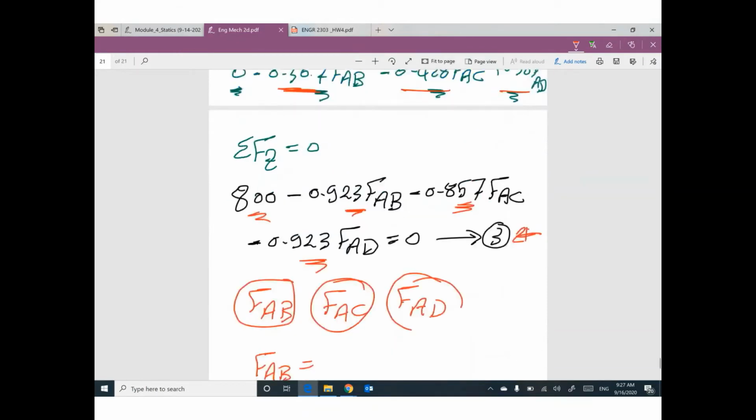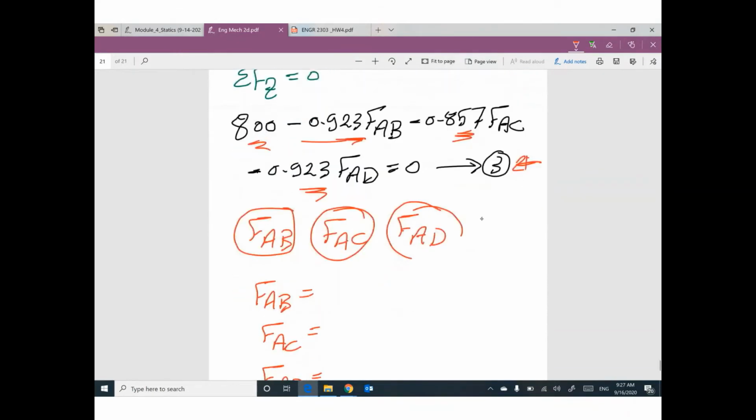This one, we have negative 0.923, negative 0.857, negative 0.923, equal negative 800.